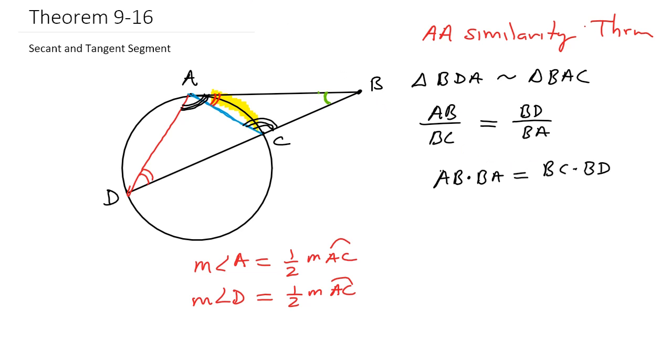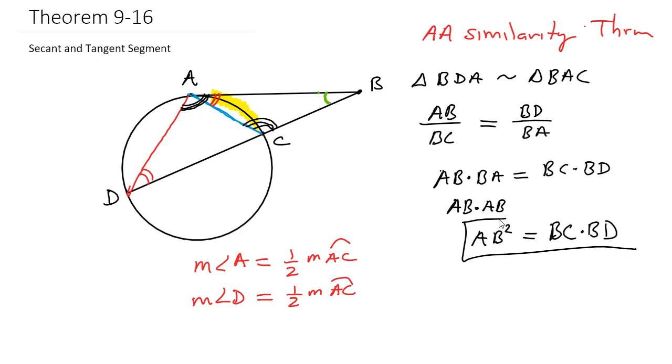So I'm going to change this slightly because we are in reality saying AB times AB, or if we wanted, BA times BA, it doesn't matter. The main thing is that I have AB squared, and that's equal to BC times BD. So we have this relationship.